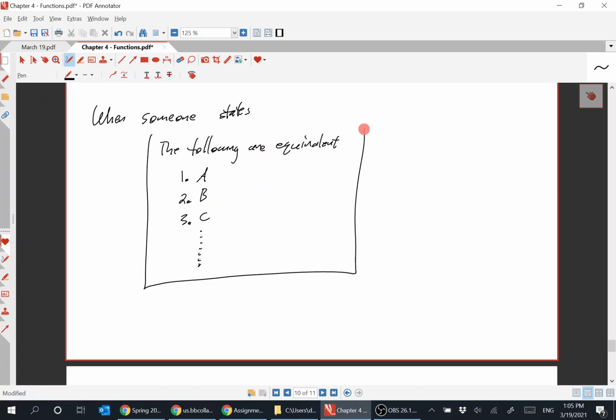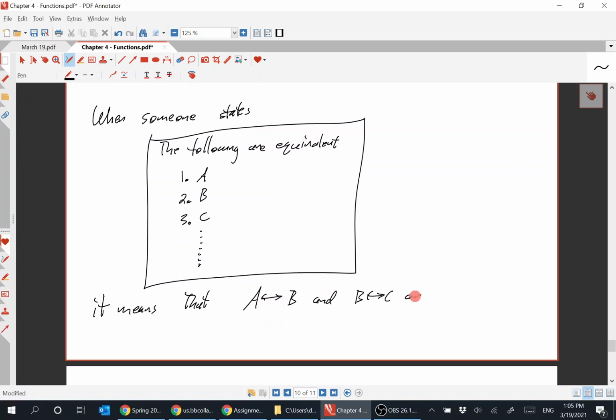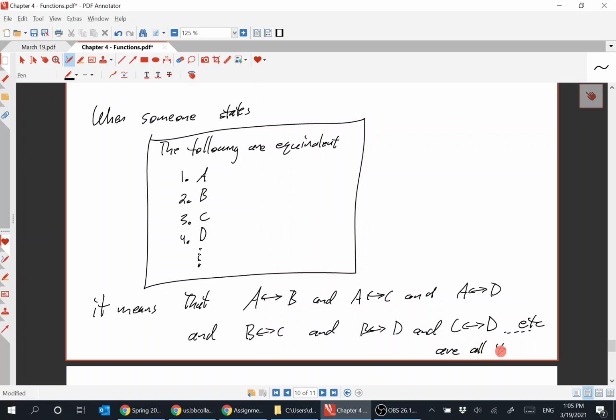So when someone states the following are equivalent, it means that A if and only if B, and B if and only if C, and, well, let's put a fourth one in there, D. So A if and only if C, and A if and only if D, and B if and only if C, and B if and only if D, and C if and only if D, etc., are all true.